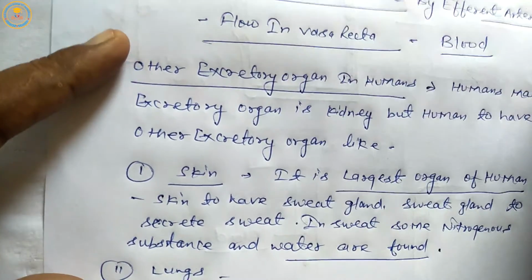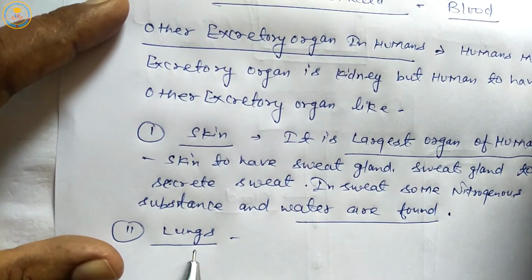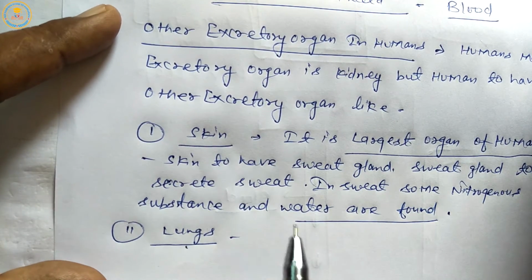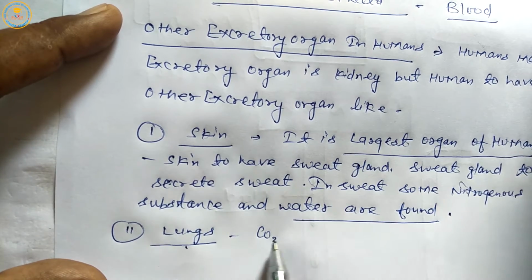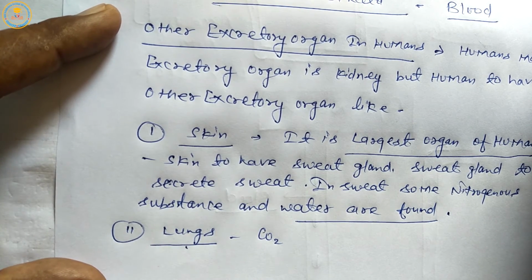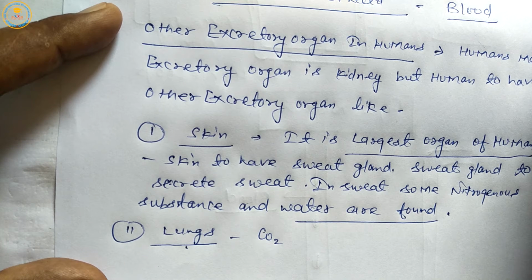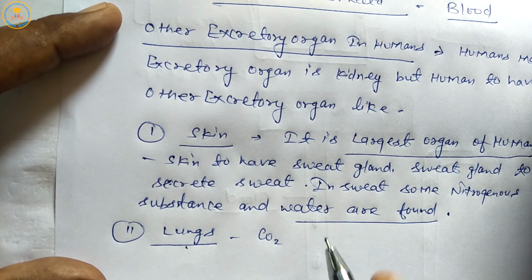Lungs are the main respiratory organ of human, but CO2 is an excretory substance, and CO2 is formed by the oxidation of glucose in each cell and excreted by lungs.